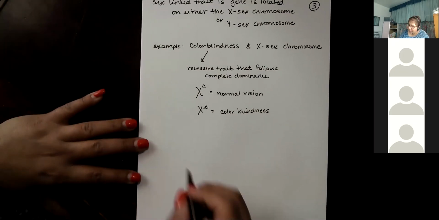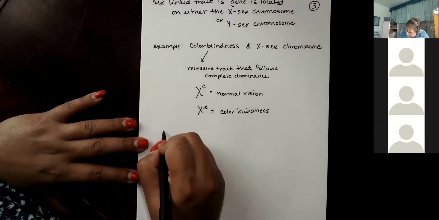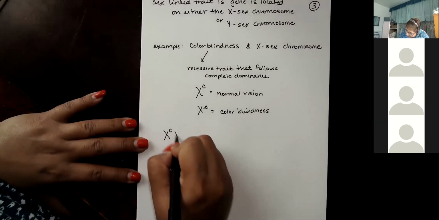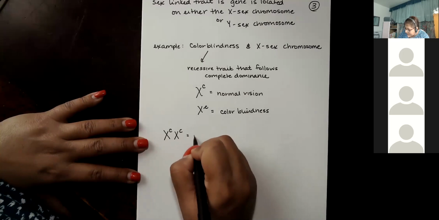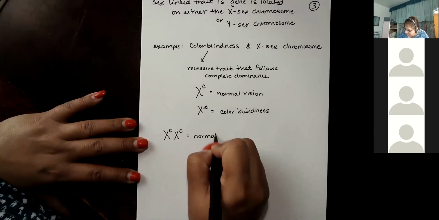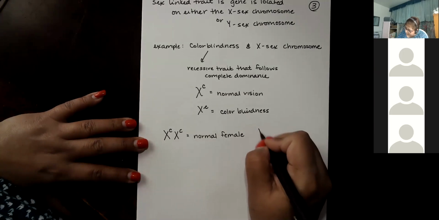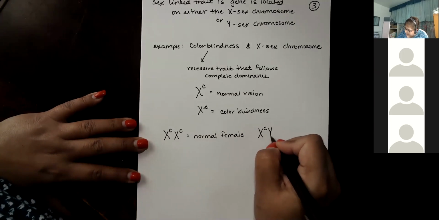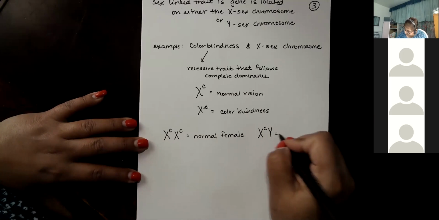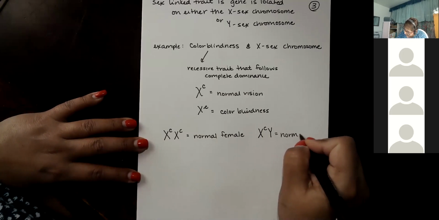So I would have a female with two capital C's. That would be a normal female. And then I could have a man with a capital C, and then he has a Y. That's the normal male.